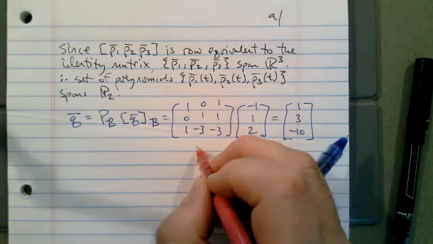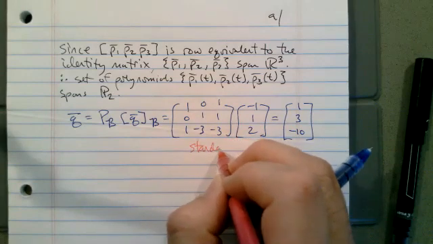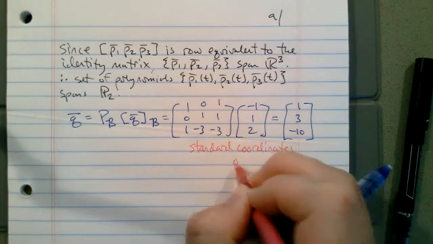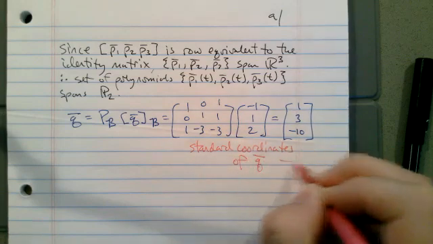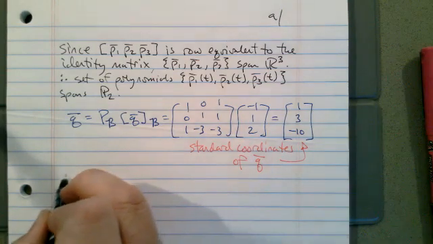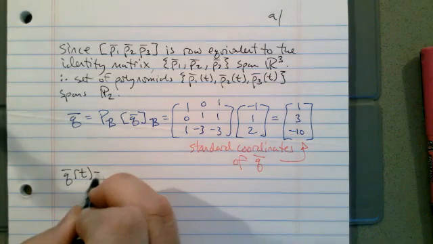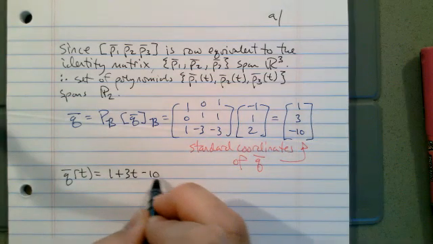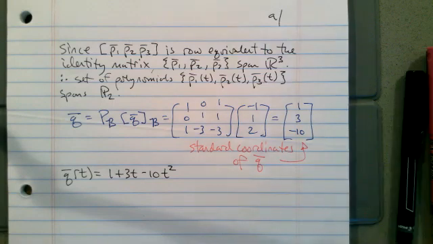These are the standard coordinates of Q. But now we can say that Q of t, the polynomial, is 1 plus 3t minus 10t squared. Negative 1, 1, 2 are the B coordinates of Q.